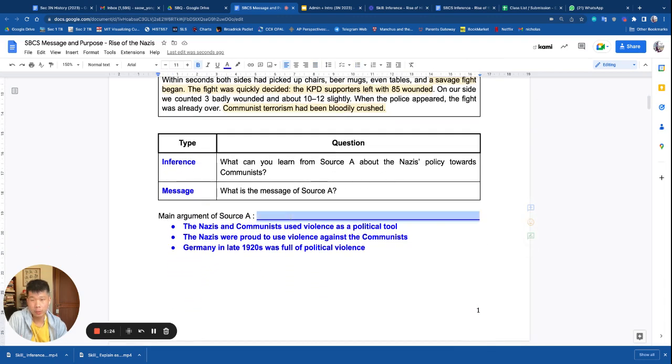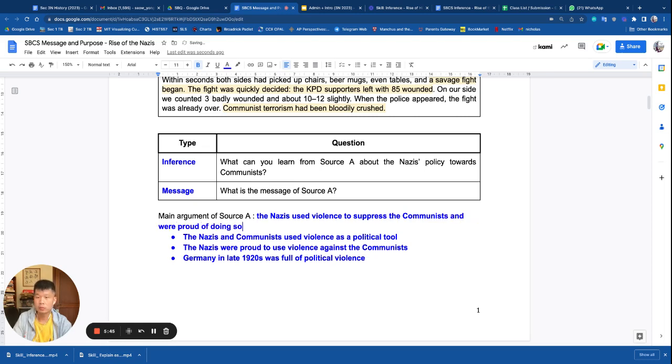So the main argument would be something like a combination of the first two ideas, which is the Nazis used violence against the communists to suppress the communists and were proud of doing so. Proud to do so.